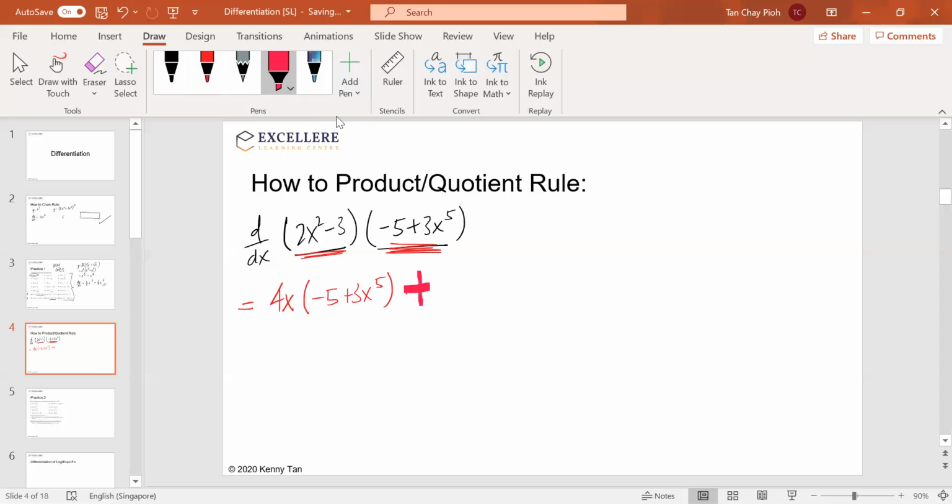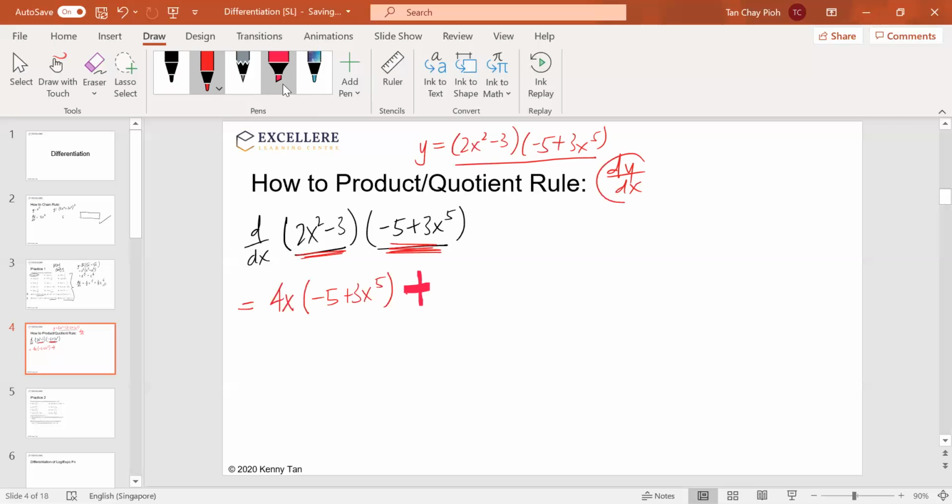Wait, I just have a question. Why is it d over dx? Because I'm differentiating this thing. Why isn't it dy dx? I mean, usually you'll be like y is equal to 2x squared minus 3 times minus 5 plus 3x to the power of 5. Then after we have y equals this, we can do dy dx, provided we have already defined y to be this.